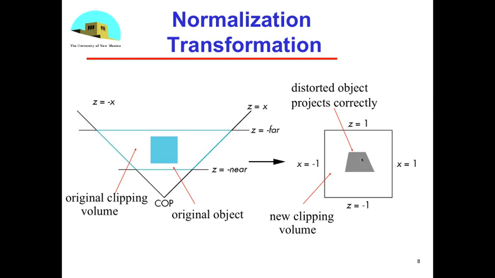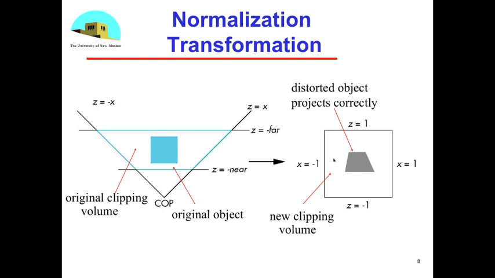So I have a distorted object, but now again, when I do the orthogonal projection of that distorted object, say I project it straight down, I get exactly what I wanted from the perspective projection, namely that things further away are smaller, that's this compression over here, and things closer to me are normal. Or in other words, I'm doing a normalization step followed by our orthogonal projection, exactly as I did before with our oblique projections.